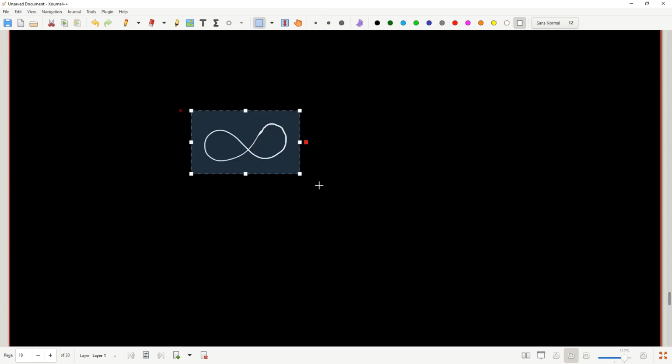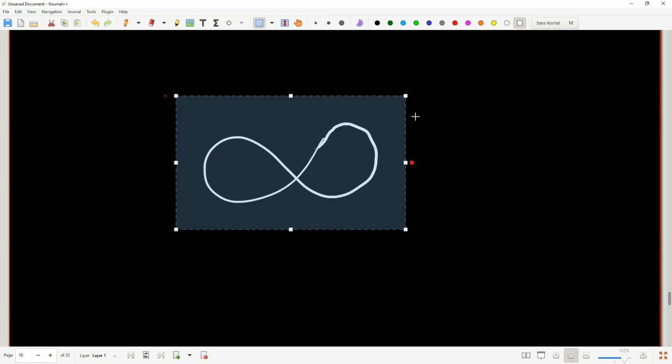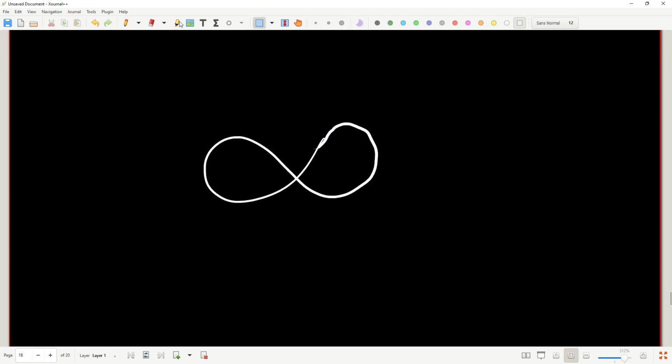Let me draw it again. Something is wrong with my stylus. Okay, so this is a good figure of 8. Let's try to make that a bit big. Yeah, I think this will do.